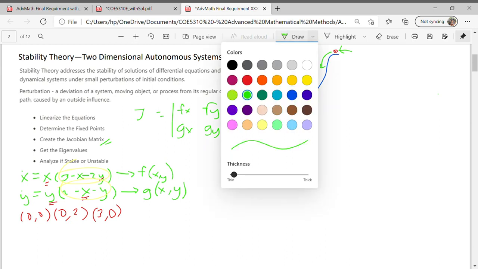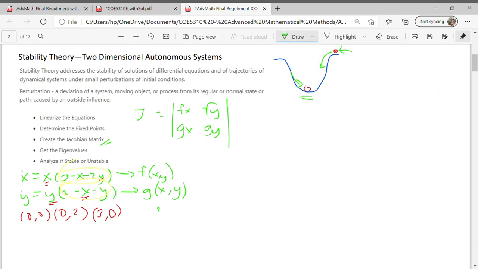So we find the value of x and y from 3 minus x minus 2y equals 0 and 2 minus x minus y equals 0.